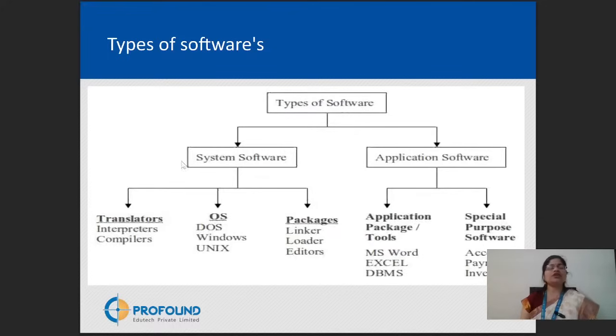System software is further divided into categories: translator, operating system, packages. In translator, there are interpreters and compiler. In operating system, there is distributed operating system, Windows operating system, Unix operating system. In packages, we have linker, loader and editors, which we use in programming basically.